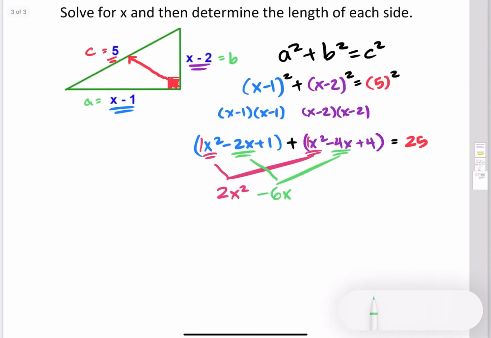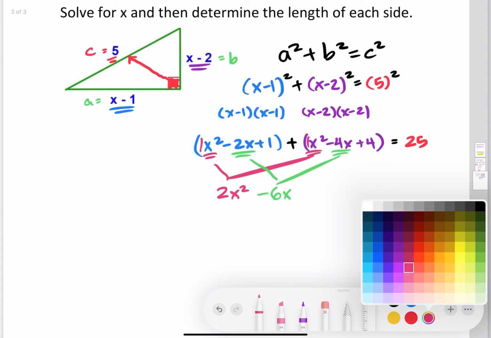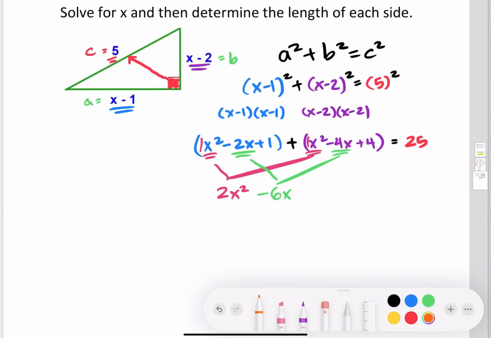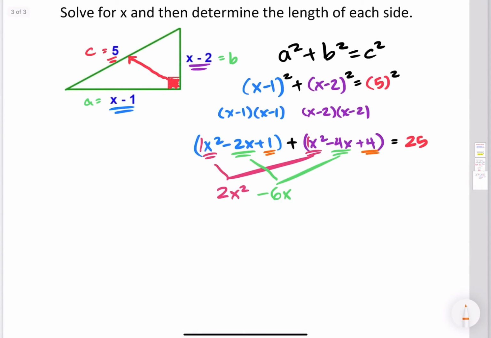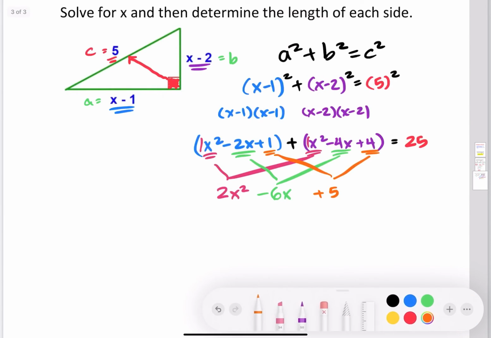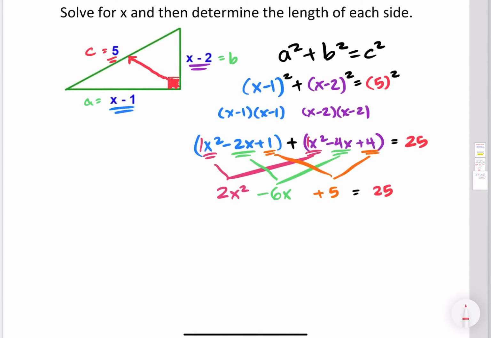And last but not least, I'm going to combine my numbers here: 1 and 4, and 1 plus 4 is going to give me 5. Now all of this is still equal to our 25. So I've combined everything on the left.